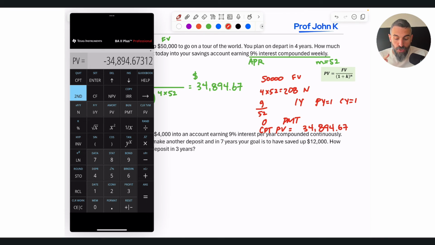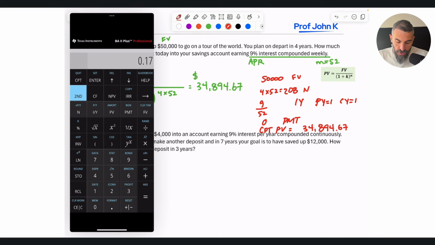Now, another thing I want to mention for those of you using your calculators for the first time is your calculator might be rounding too much by default, right? If you open these, I think, out of the box, they round to 2 decimal places. So if I reset my calculator, I'm doing a factory reset here, look, if I do 9 divided by 52, it gives me 0.17, and that is way too much rounding. So here's how you change that on this calculator.